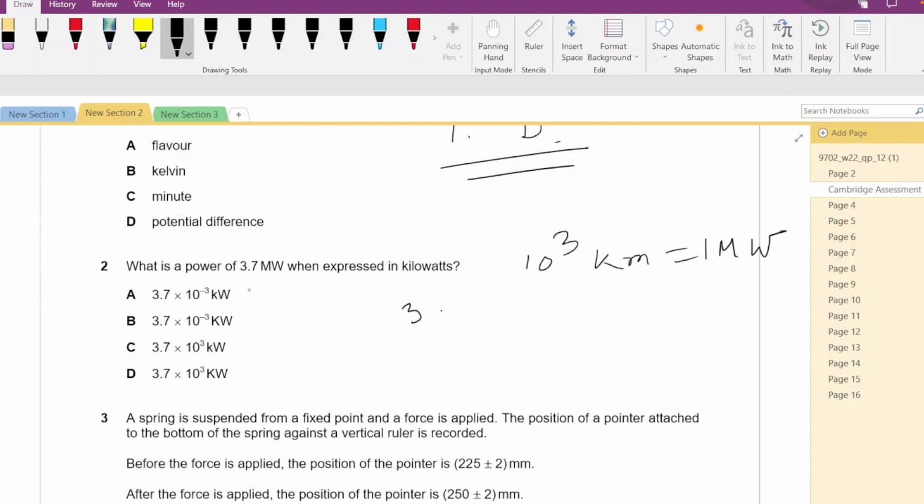Therefore, just convert 3.7 megawatt into kilowatt: 3.7 times 10 to the power 3. So 3.7 megawatt equals 3.7 times 10 to the power 3 kilowatt. Therefore, the answer is C, 2C.